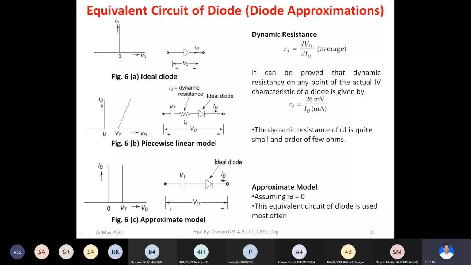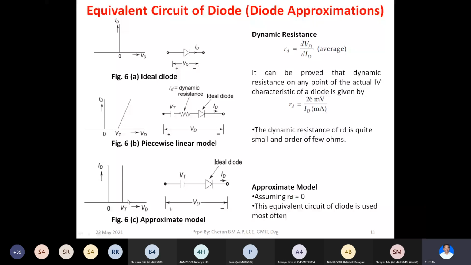So the characteristic is like this. There is a sudden increase in current when you increase this Vd beyond Vt. Therefore, here Vt is mentioned. When Vd is greater than Vt, there is a sudden increase in current Id, right? And you can observe the difference between this characteristic and the previous one. As you have removed the dynamic resistance parameter here, you can see a sudden increase in current.